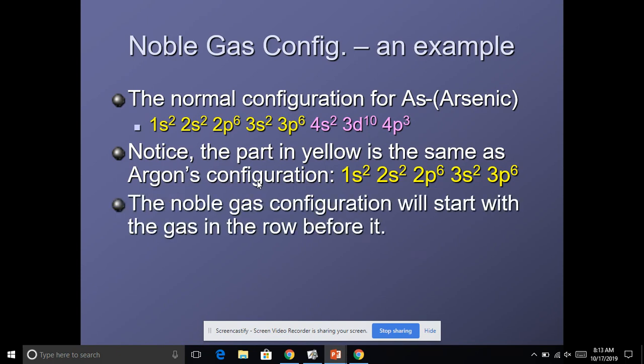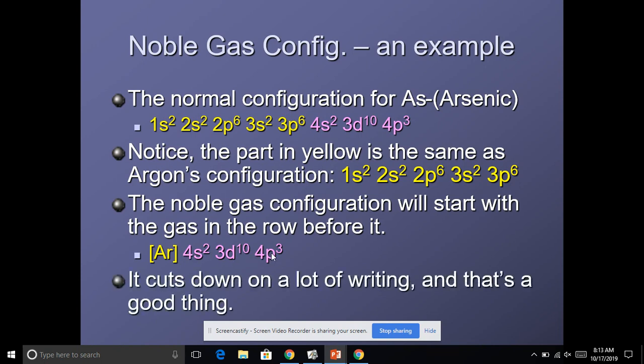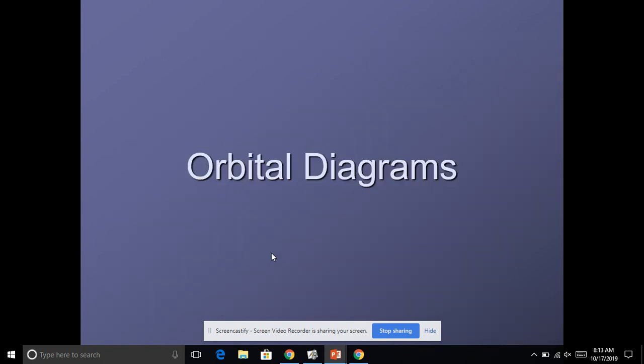So my noble gas configuration for arsenic will start with argon in brackets. What that is saying is that I'm not going to write all this. Instead I'm going to write argon so that I don't have to write all of this right here. We're just going to assume you know that I'm talking about the electron configuration for argon, which is this, and then everything that comes after that, or the row that's below it. It cuts down on a lot of writing, and we like that because that's a good thing.